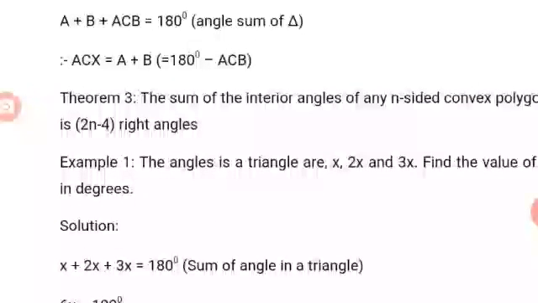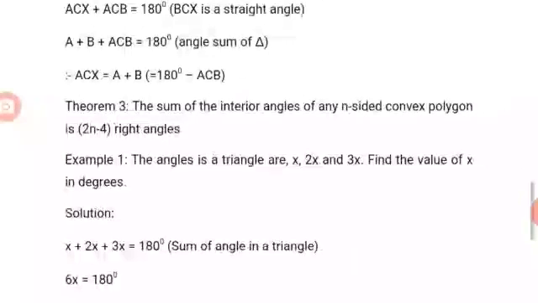So if that one is known, we can also move forward to theorem number 3. The theorem states that the sum of the interior angles of any n-sided convex polygon is 2n minus 4 right angles.